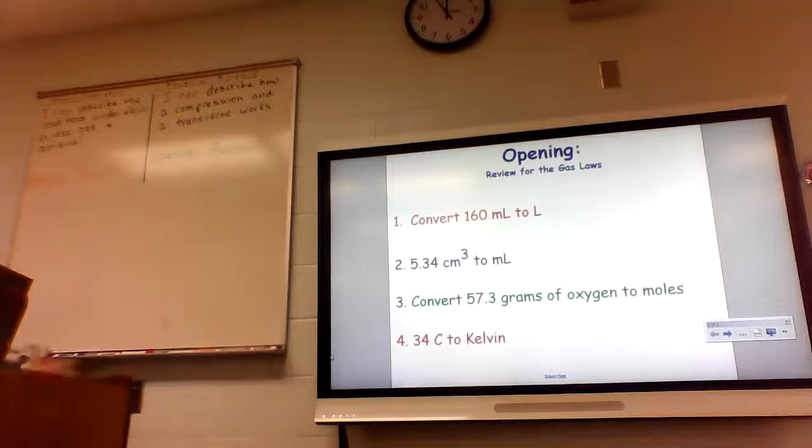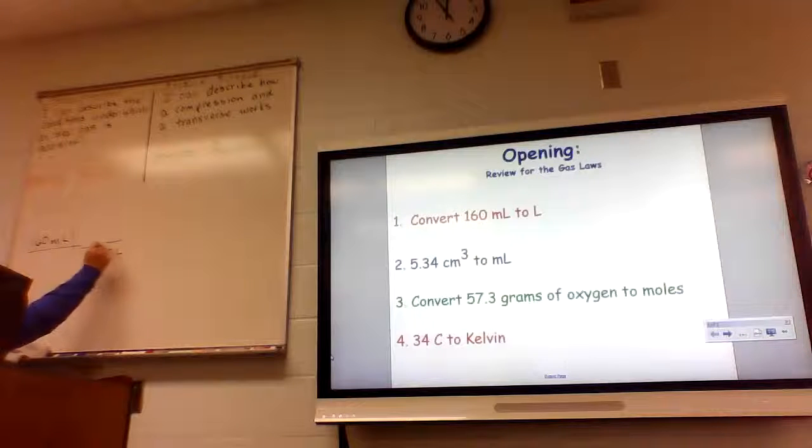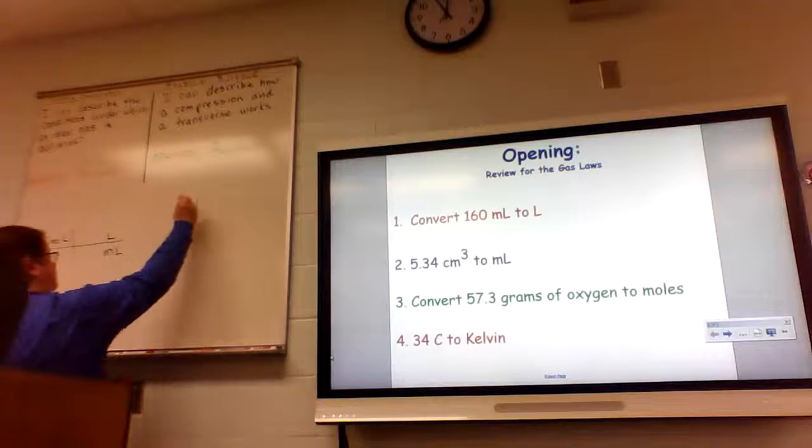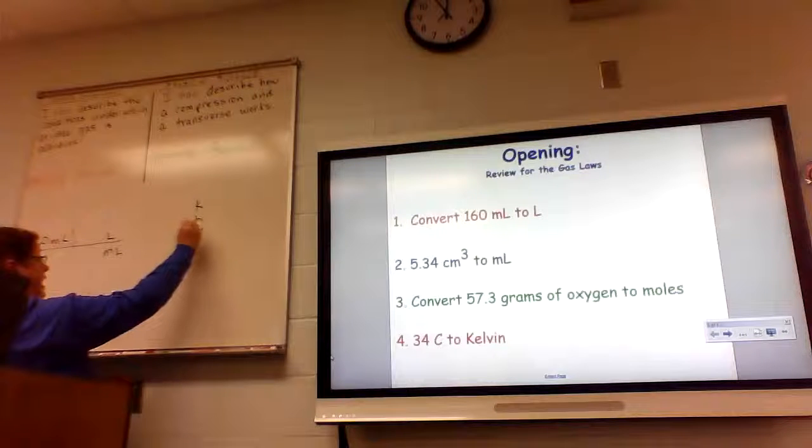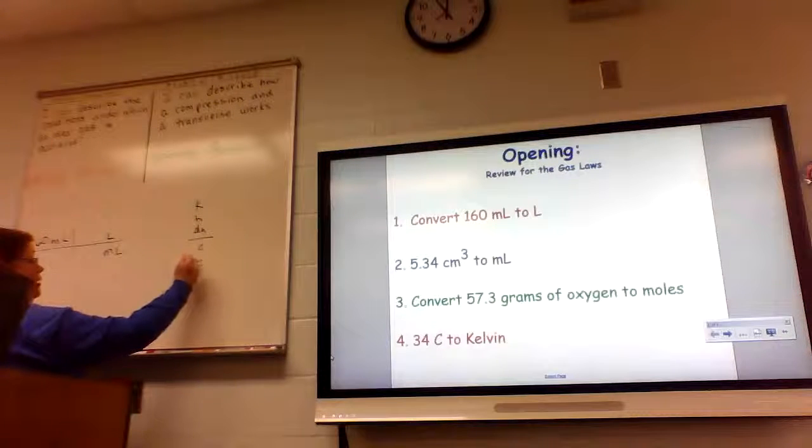So for people like Chris at the back who are zooming in on their phone, I guess continue to zoom in on your phone. So, 160 milliliters. Milliliters to liters. If you do not know this conversion, we're going to use this one so often in the gas laws. This one would be worth your time to memorize. What's bigger? Set up right. King Henry died by drinking chocolate milk.